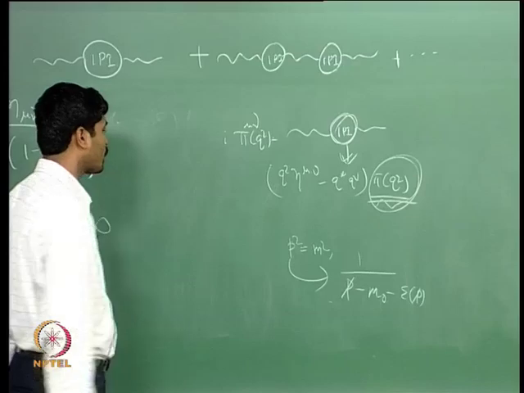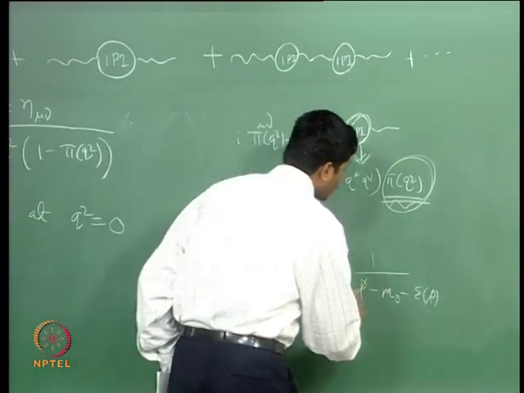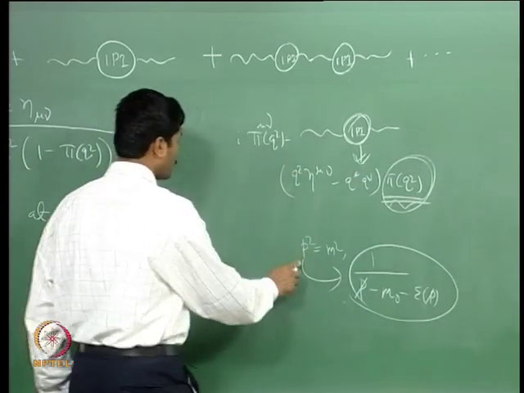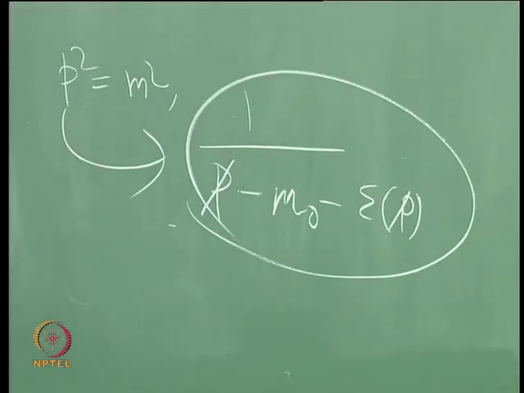When we summed all diagrams, we got a term like this. Therefore, the simple pole actually got shifted because of the higher order contributions.